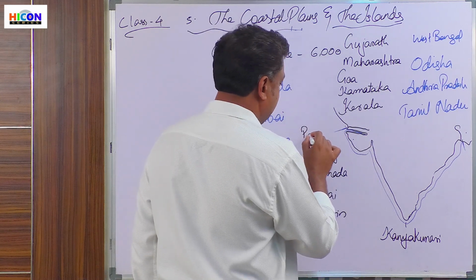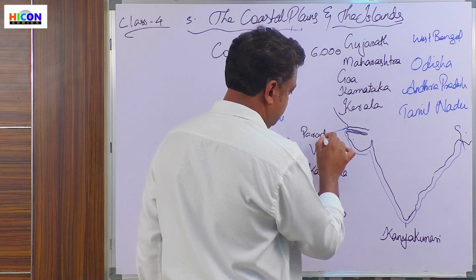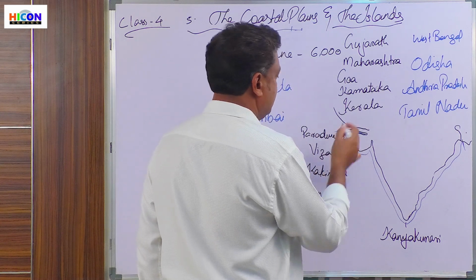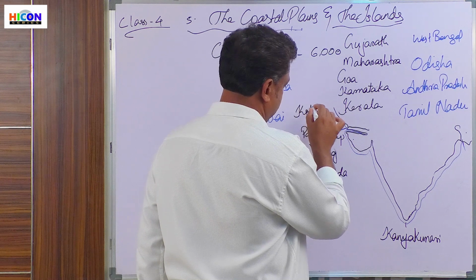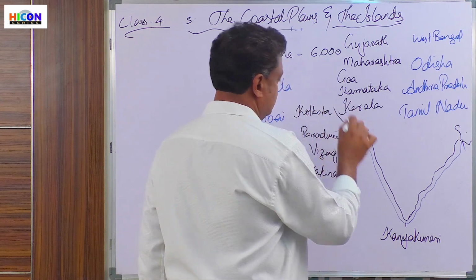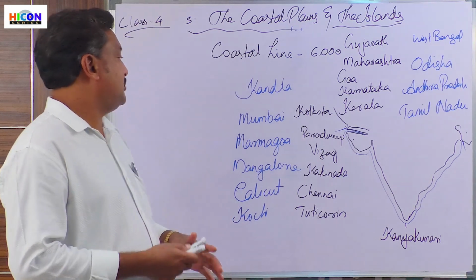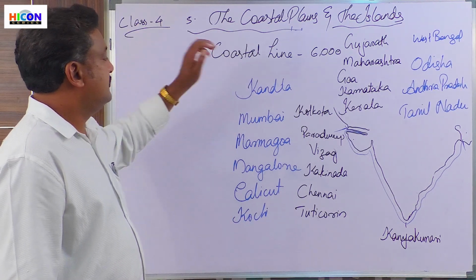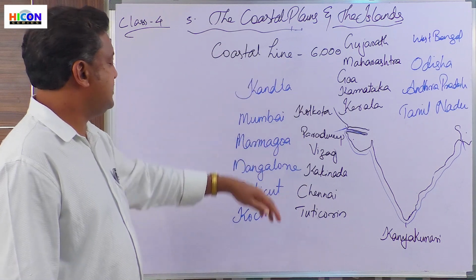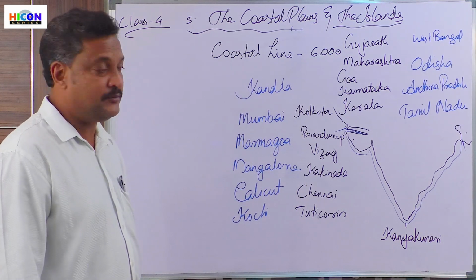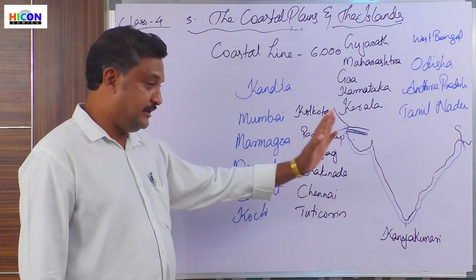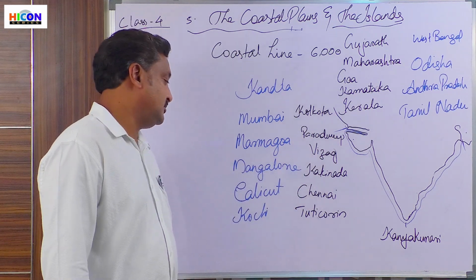Above that we have Paradweep. So these are the major ports. On the eastern side we have Kolkata, Paradweep, Visakhapatnam, popularly known as Vizag Port, Kakinada, Chennai, and Tuticorin.